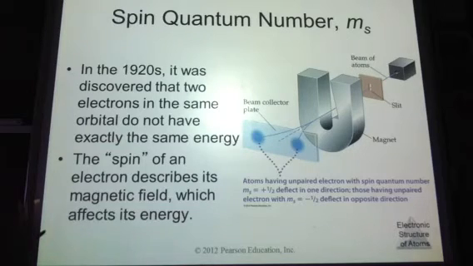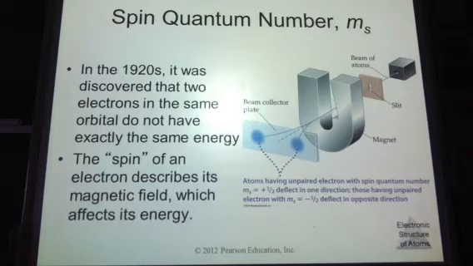Like we can see on the beam collector plate, it may veer right or it may veer left. So because of that, we know that an electron could have opposite spins, a +1/2 spin or a -1/2 spin. Typically, those that have unpaired electrons end up having a -1/2 spin.